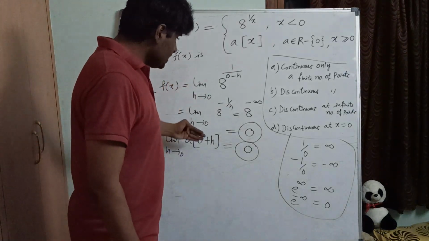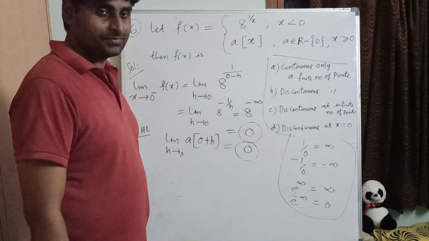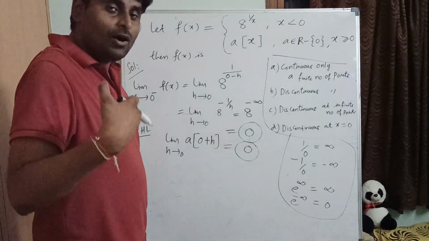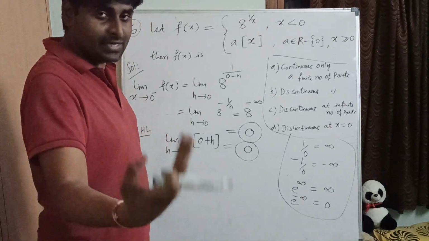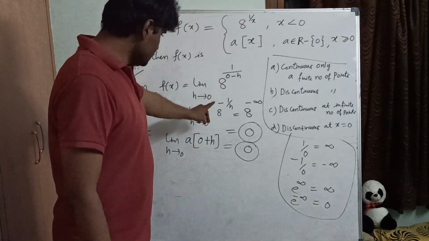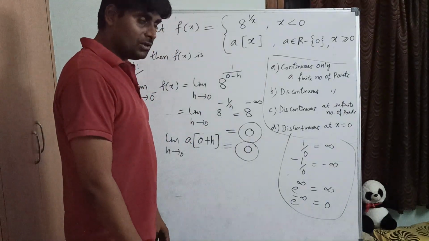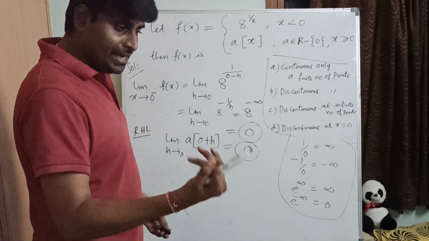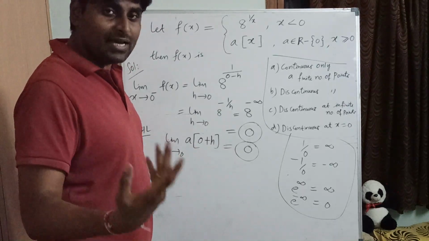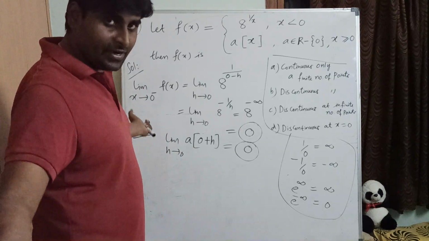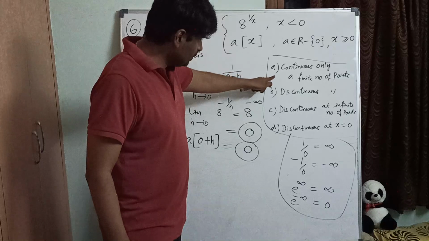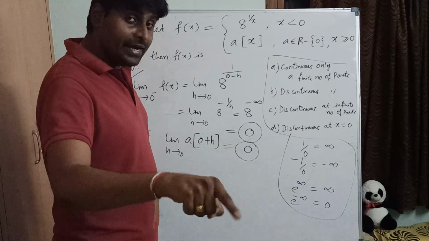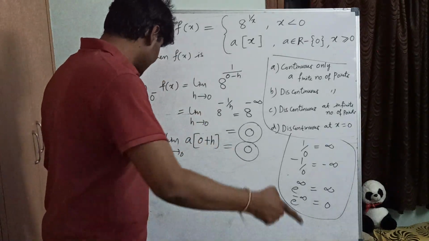So this is continuous only at x equal to 0, but not for all the remaining positive integral values. How many remaining positive integral values are there? Infinite. Correct or not? So it is discontinuous for an infinite number of points because it is continuous at x equals 0 only.